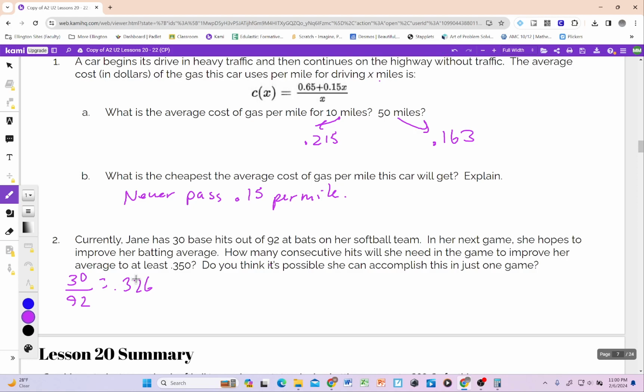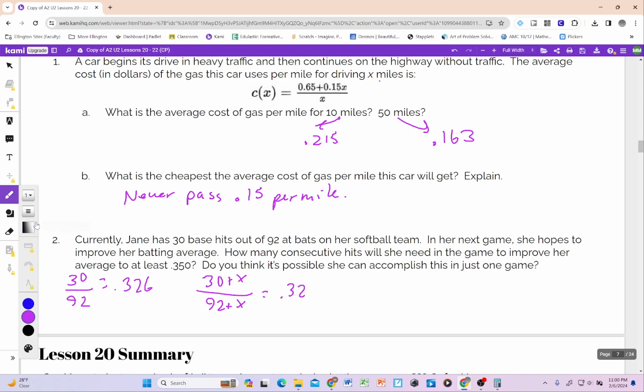That part really isn't necessary, except thinking that in one game, that's asking a lot. But let's find out. When you write the equation, remember, every time you get a hit, all those hits add to the number of hits, and they add to your at-bats. So we get (30 + x)/(92 + x) equals 0.326.